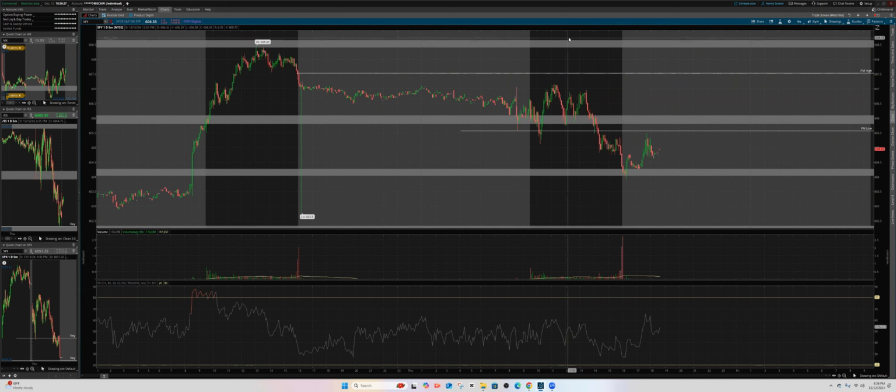If you're breaking it and you can use that zone as a second confluence with the FVG, I think that's even better. But there's nothing wrong with catching an FVG in the middle of a range and using a zone as a price target. As long as we're not in the middle of chop like this. I mean within the middle of these zones, and using a zone as a price target.